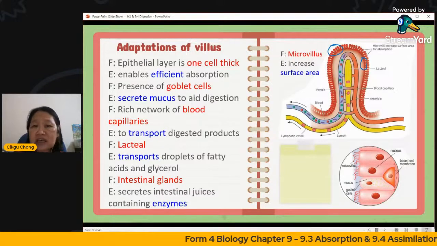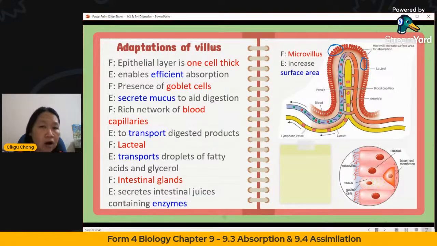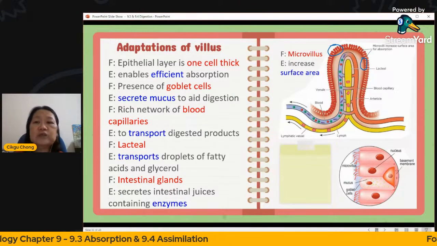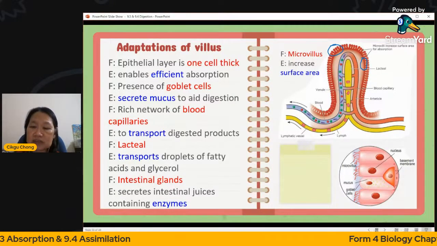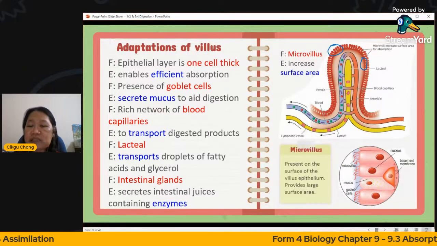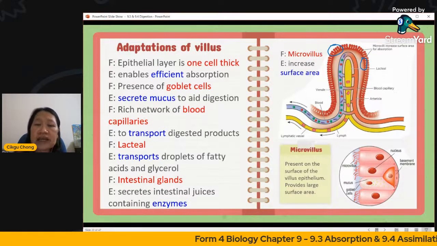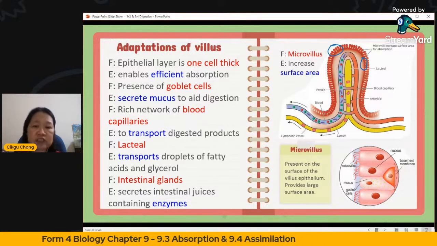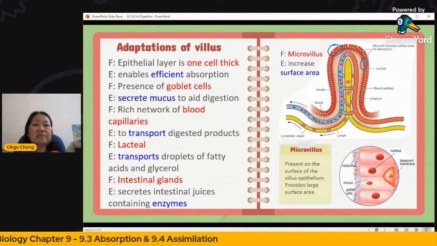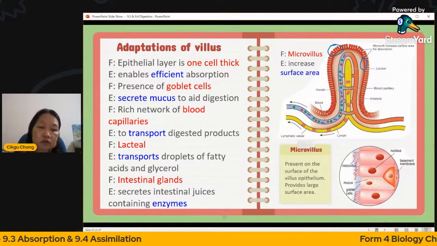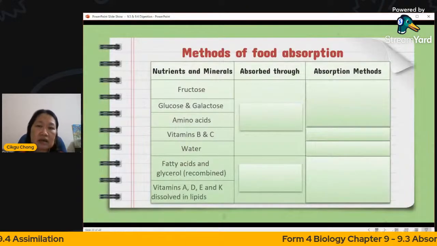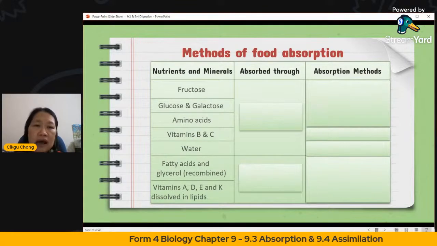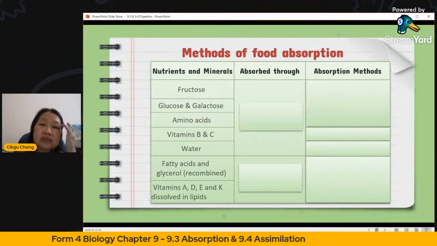So everything here is to make sure that all the nutrients that pass through do not escape, and get to go into the blood vessel and also the lacteal. So the function of the microvillus is to provide a large surface area. It further increases the surface area. So we have seen the adaptations of the ileum and also the villus. Let's see what type of food is absorbed, how it is absorbed, and where it goes.